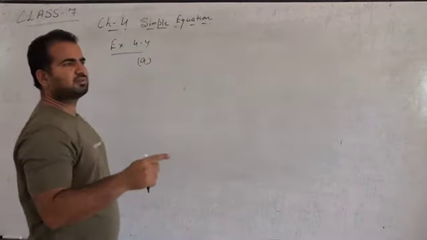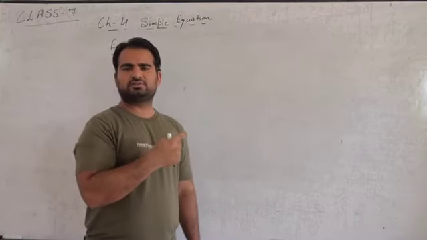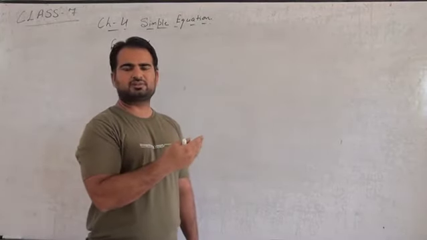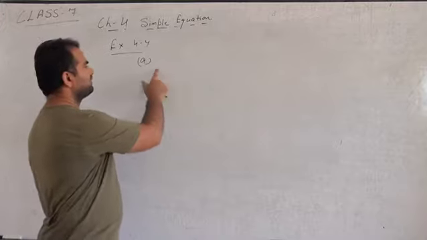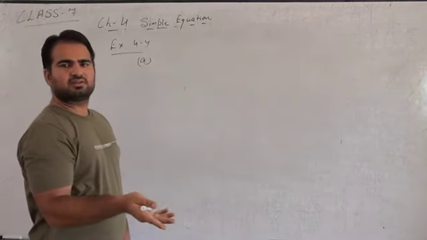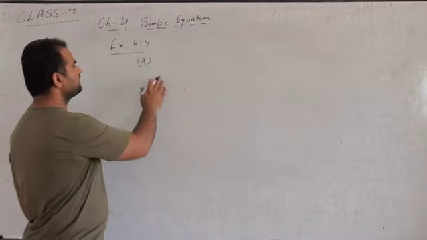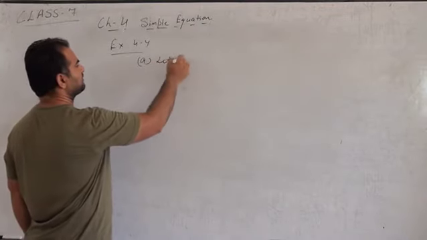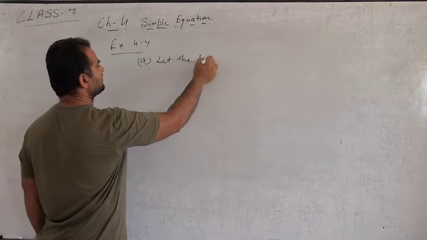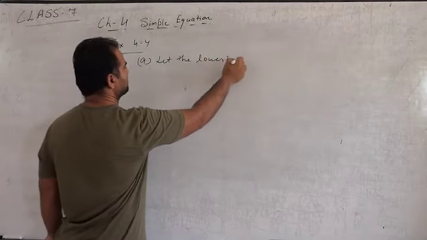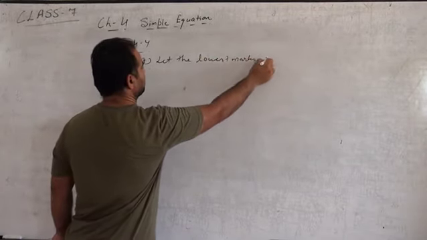Okay, so class, what you have to do is use or do these kind of equations by letting a variable be known. Okay, so what we have to do is let the lowest marks equal x.